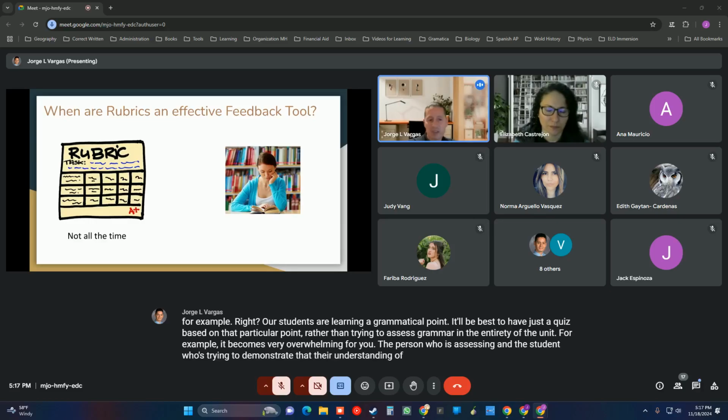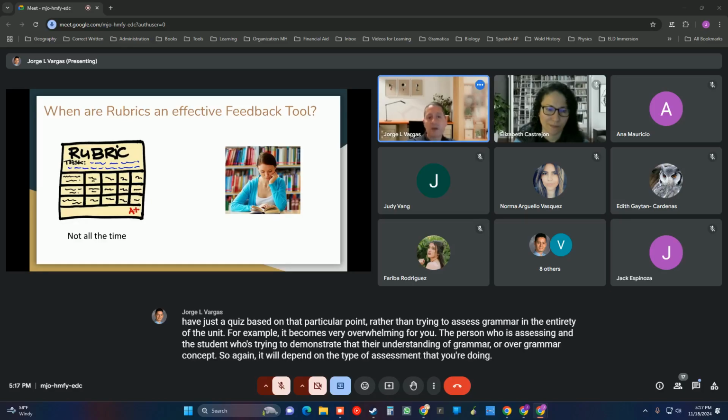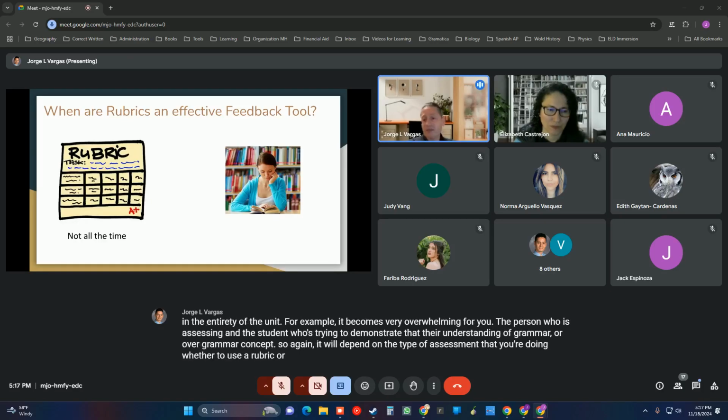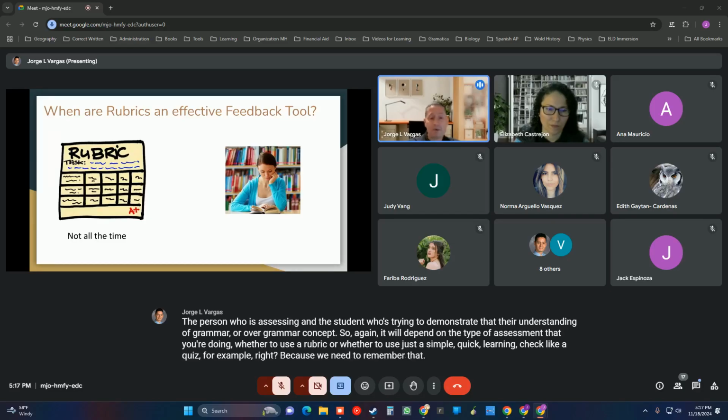So using a rubric all the time will take a lot of your time and is not necessary every single time. So we need to select when to use a rubric and when to just do a quick learning check, like a quiz. All right.